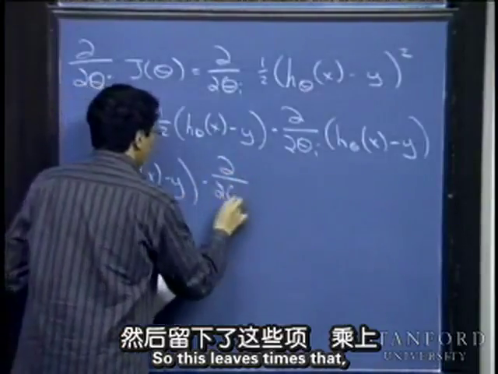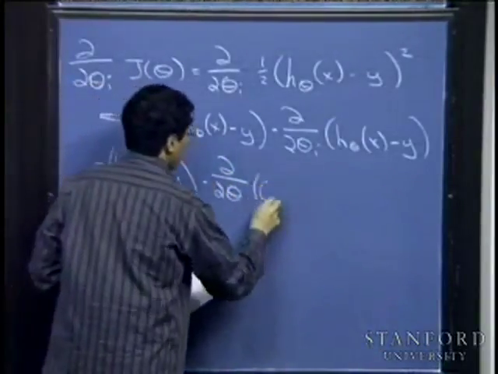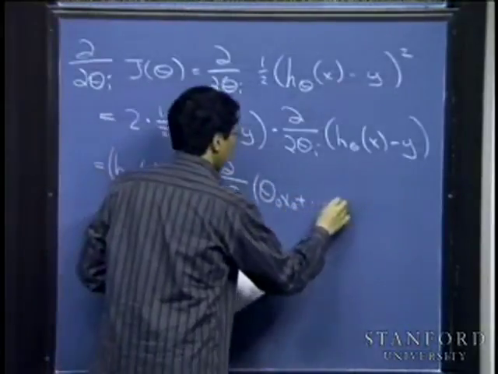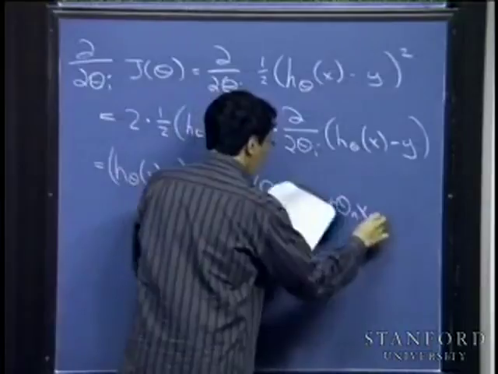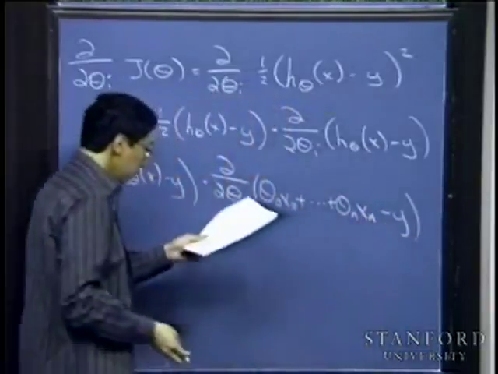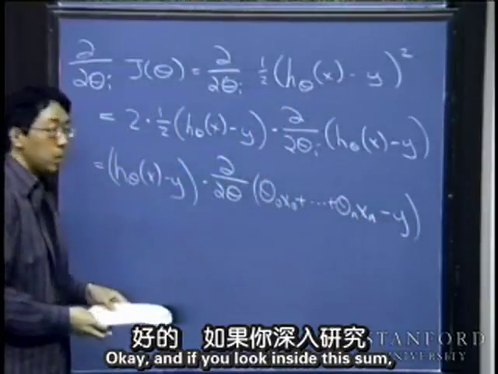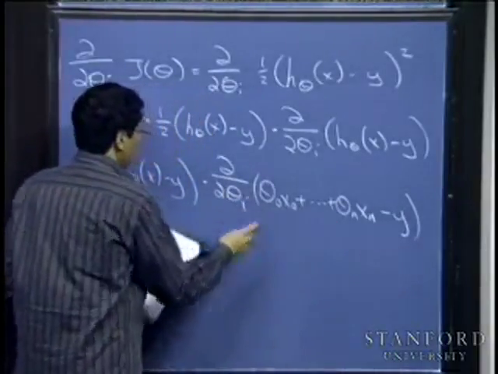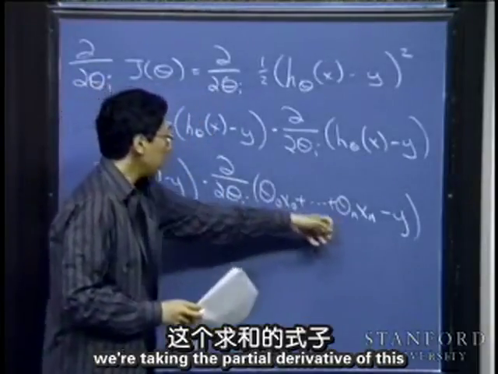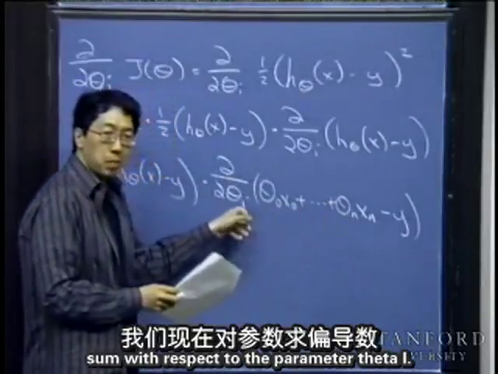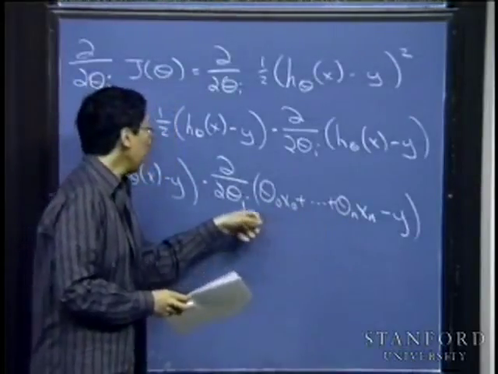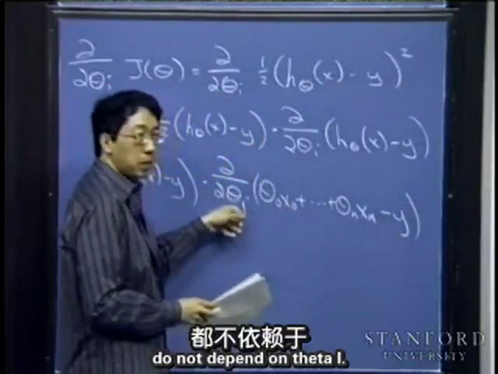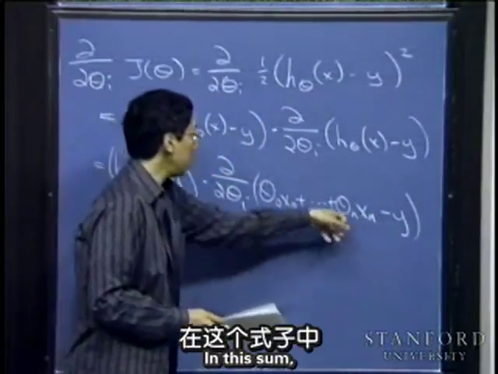times the derivative of theta_0 x_0 plus dot dot dot plus theta_n x_n. If you look inside this sum, we're taking the partial derivative of this sum with respect to the parameter theta_i. But all the terms in this sum, except for one, do not depend on theta_i.